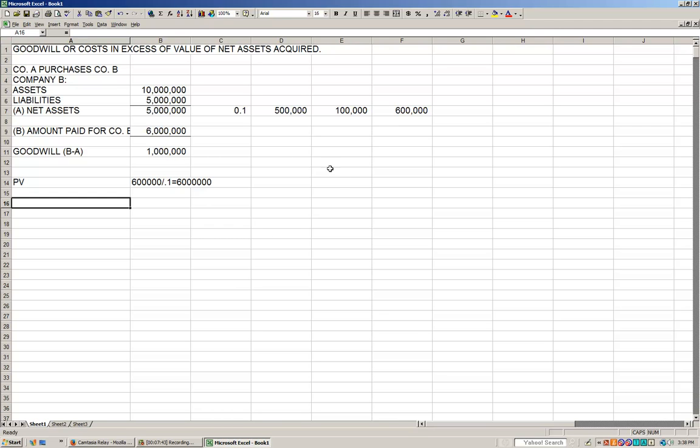Okay. So how do we account for goodwill? Well, when company A acquires company B, it would put all the assets on the books. So it would debit various asset accounts, cash, accounts receivable, inventory, at their fair value of $10 million. It would credit all the liabilities, notes payable, accounts payable, salaries payable. So it would credit various liability accounts for $5 million.